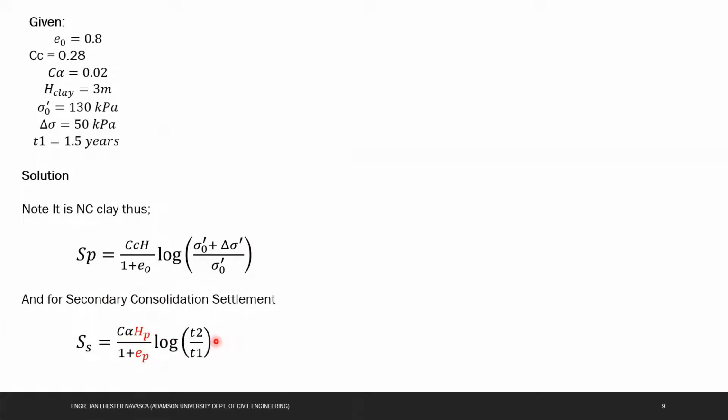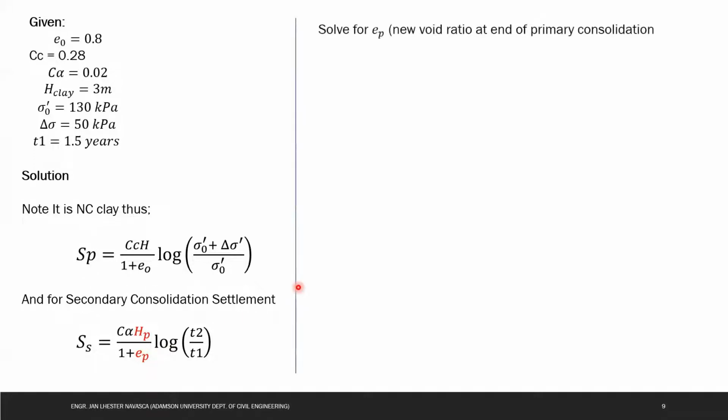We have the secondary compression index C alpha, the Hp, or the thickness of the clay after the complete primary settlement, and the void ratio at the end of primary settlement. So we need to find all the values.